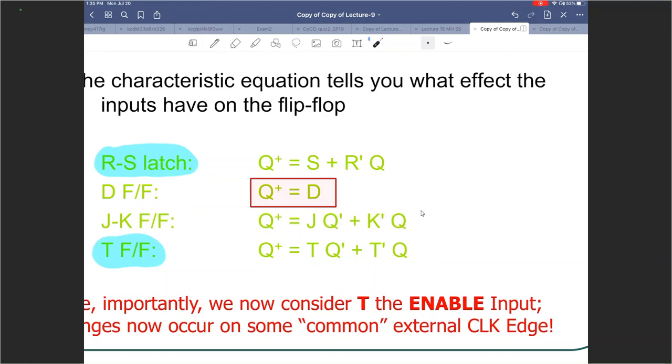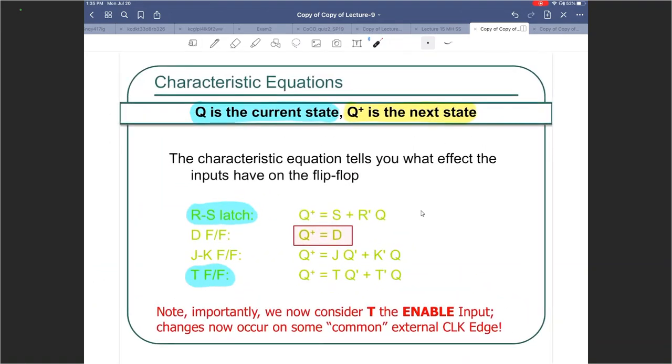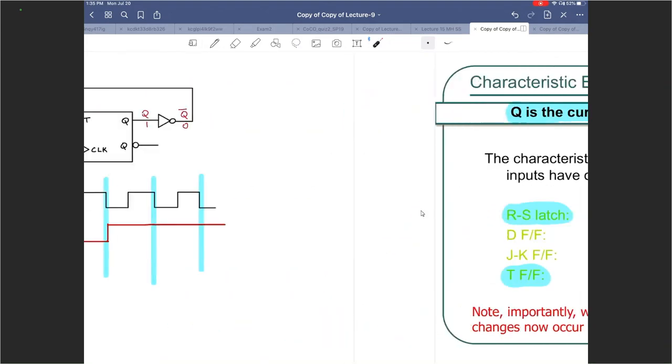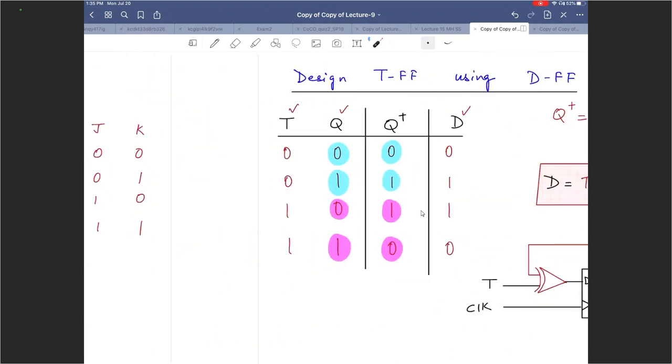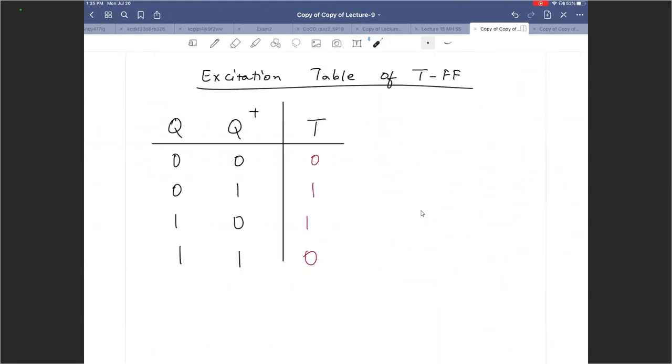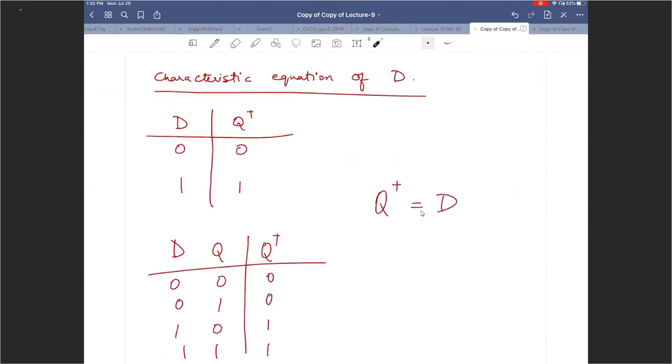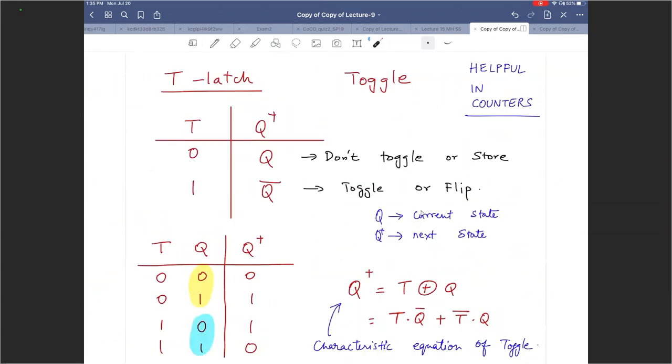Then for the toggle flip-flop, we have Q plus equals T and Q complement or T complement and Q, which we also derived in the morning. Well, we didn't derive it as much as we just wrote it in this format, right? So when we derived the excitation table of T flip-flop, we got T to be related to Q and Q plus this way. Hold on. There it is. That's where, oh, we derived it, yes.